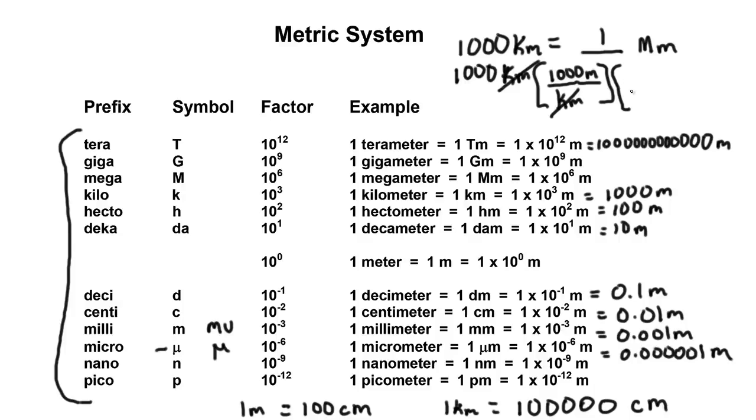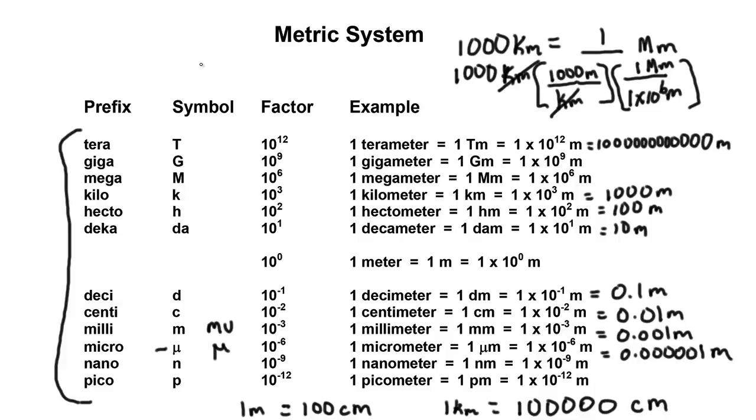So I have 1,000 times 1,000, which is 1 times 10 to the 6, divided by 1 times 10 to the 6. So that's going to give me 1 megameter. Good.